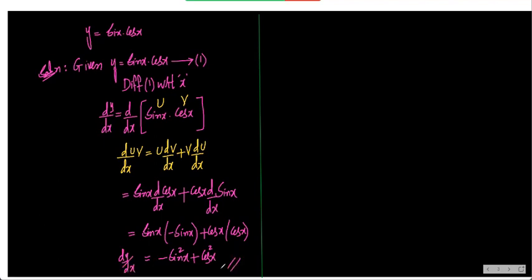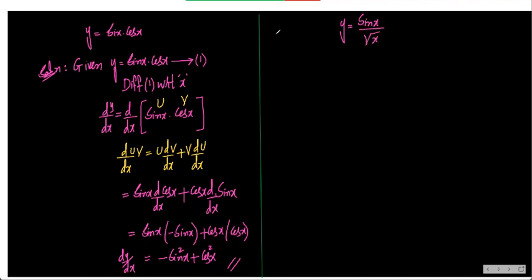This is about the product rule. This question is based on the quotient rule. Let's see a question on the rule. Suppose, for example, you have sin x by root x.